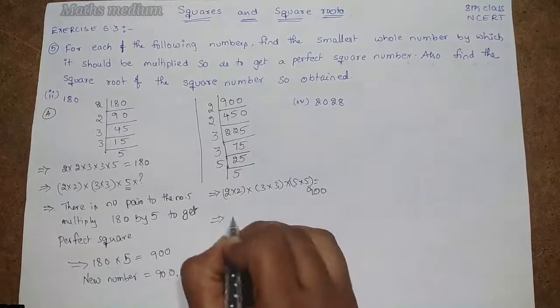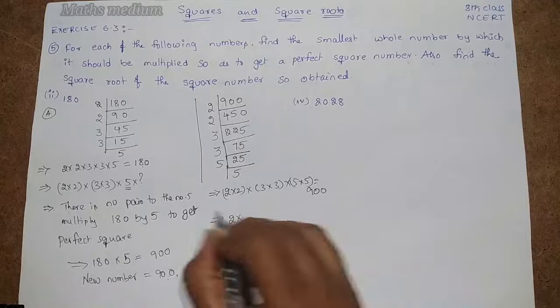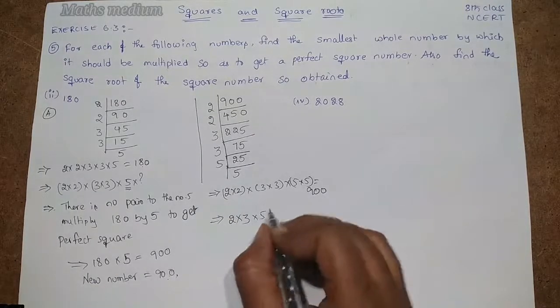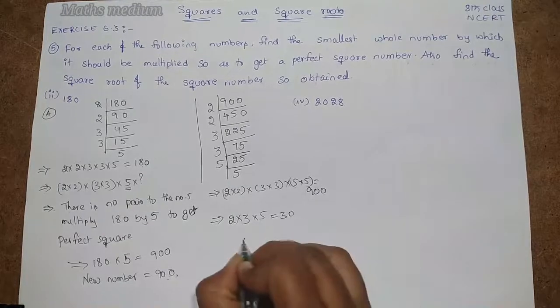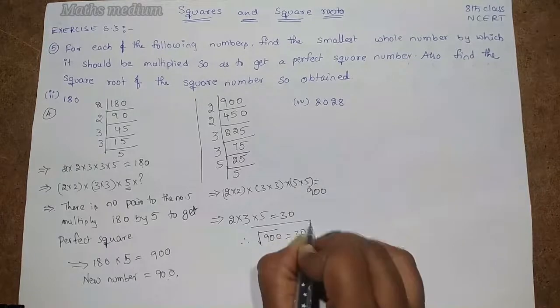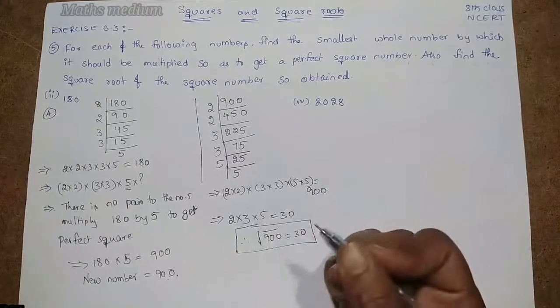Pairing is completed. Now take one number from each pair: 2 into 3 into 5. 2 threes are 6, 6 fives are 30. So finally the square root of 900 is equal to 30. This is the method for the given question.